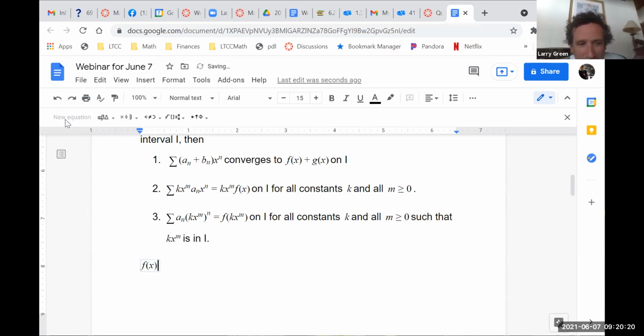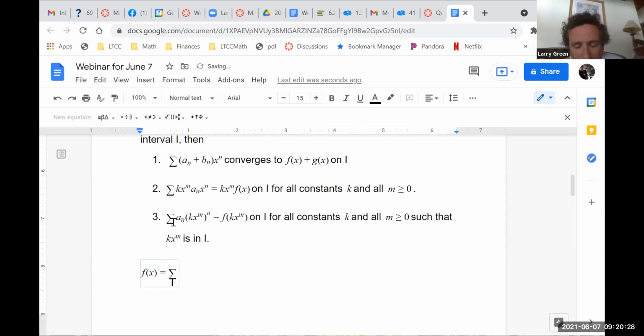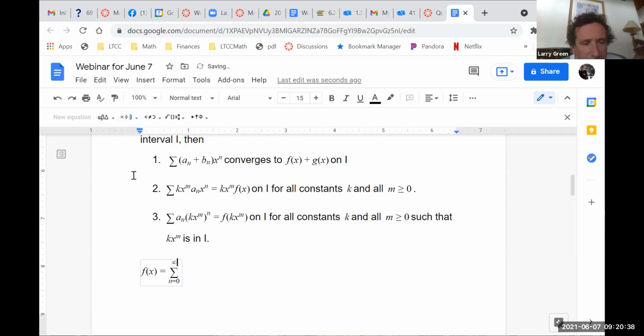Let's suppose f of x is equal to the summation, n equals 0 to infinity, of, make it real simple, x to the n.